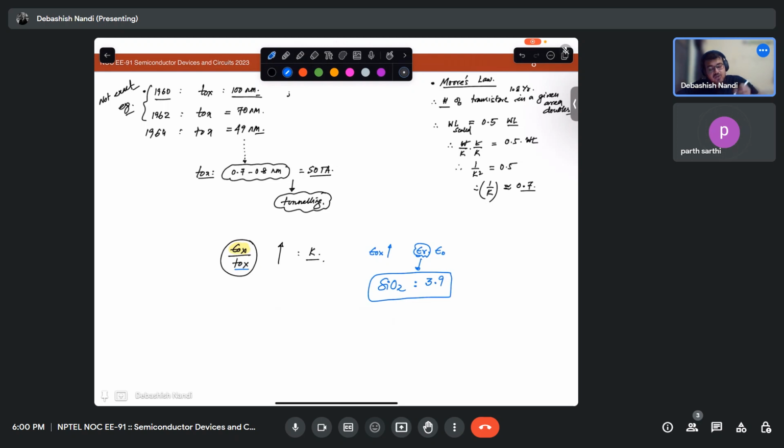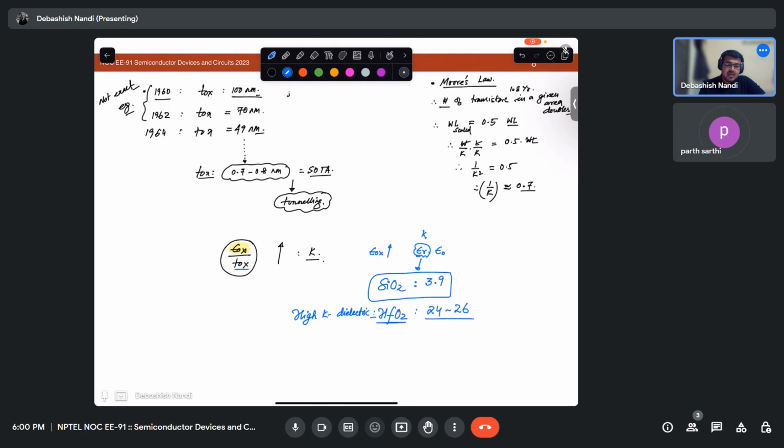So what people have come up with is to put a high K dielectric. This is also called K or dielectric constant. So they have started to use HfO2, or hafnium dioxide. This has an Er of 25 to 26.